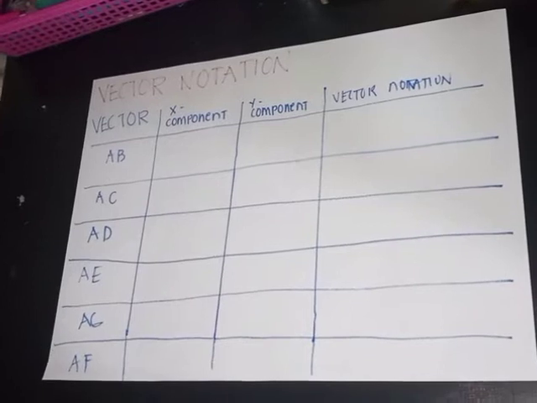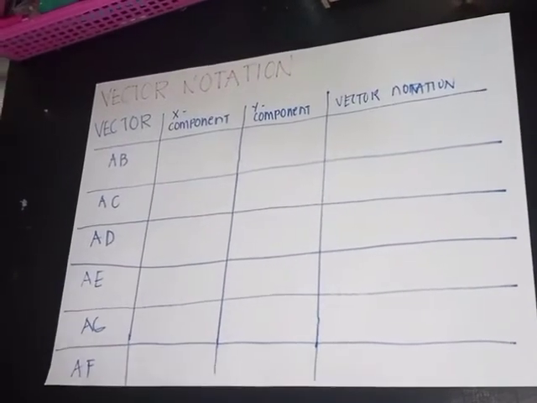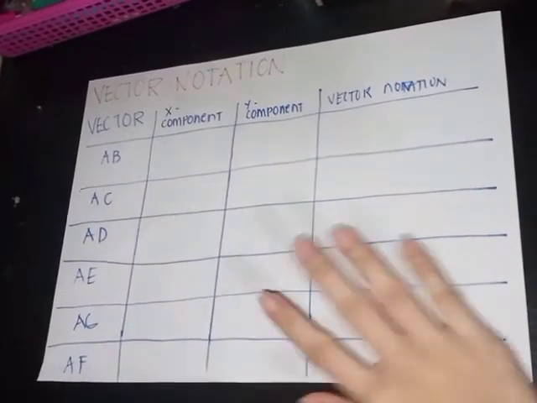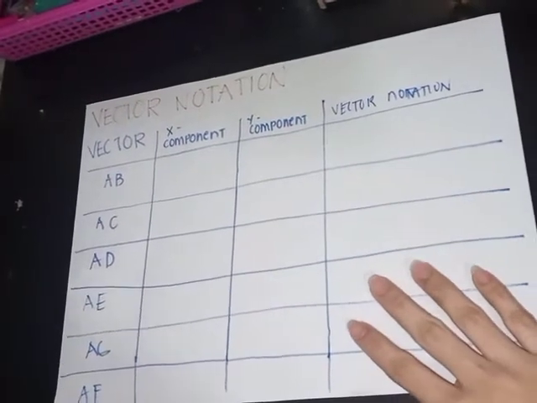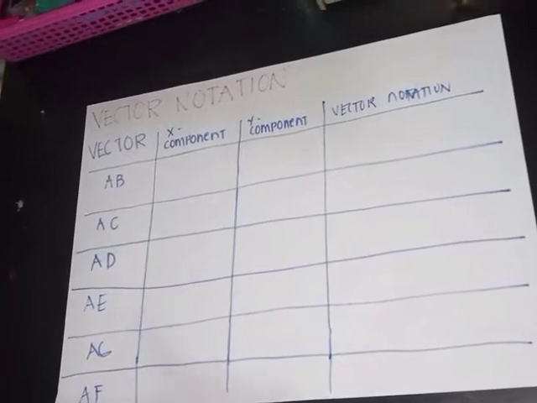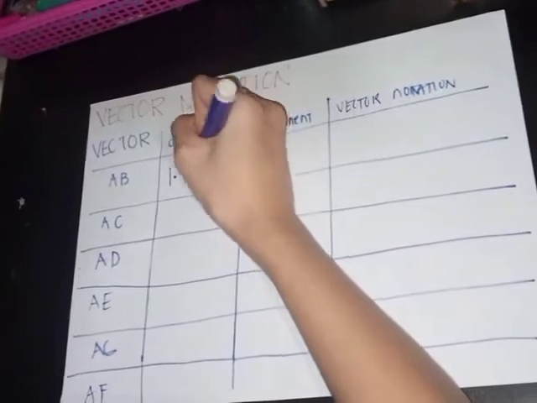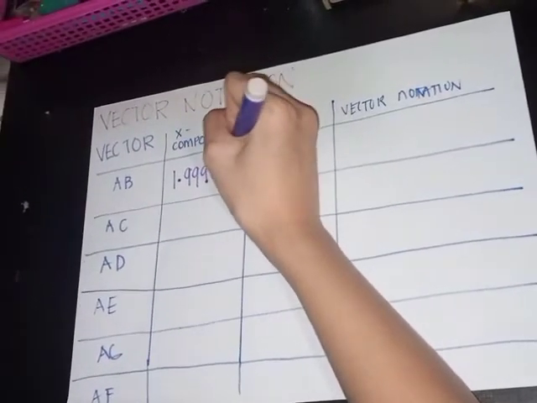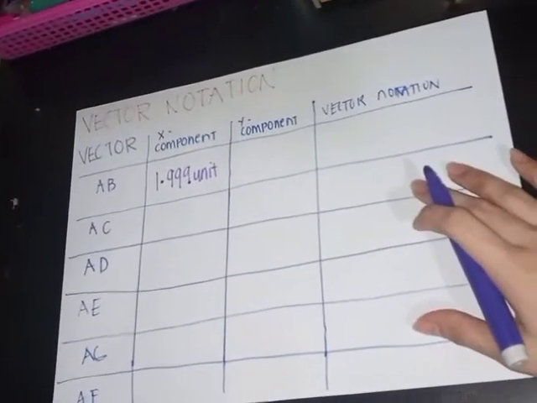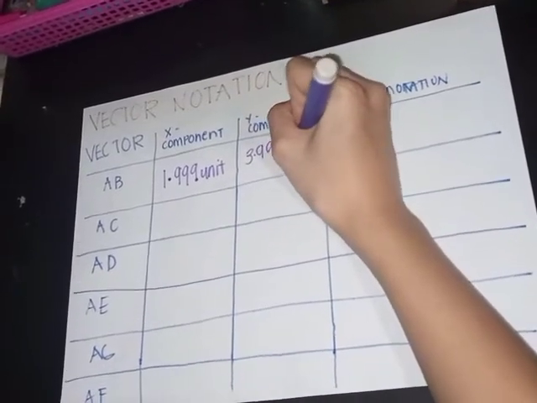For practice exercise 1, I choose part C, which is the vector notation. For vector AB, we have the x component of 1.999 unit, and for the y component we have 3.998 unit.